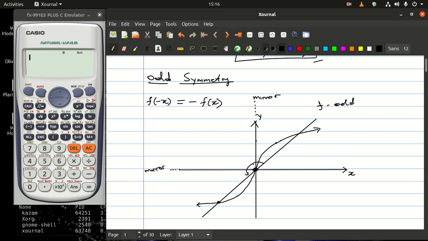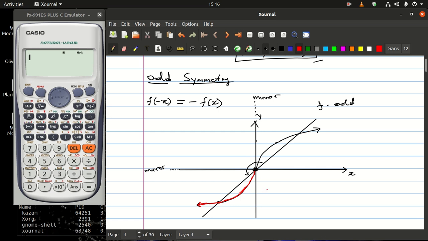So another way is, if I can get this piece here, let me make it red so that we can see what we're talking about. This red piece can be found by rotating this piece by 180 degrees. And also this black piece can be found by rotating this red piece by 180 degrees.